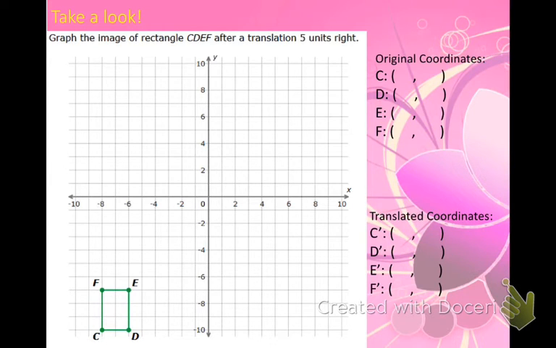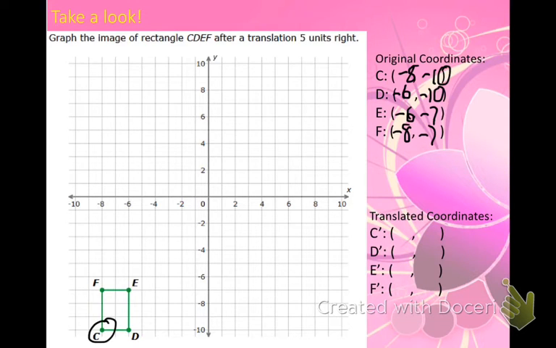If I look at where C is, right here, C is -8 and -10. So the original coordinate is -8, -10. D's original coordinate is -6, -10. E is -6, -7. And F is -8, -7.